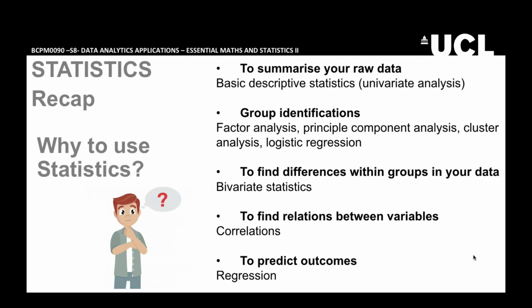Also, we can use statistics for group identification through factor analysis, principal component analysis, cluster analysis, or logistic regression. These statistical tools will be covered in future sessions, but we can also use statistics to find differences within groups in our data by using bivariate statistics, and to find relations between data by using correlations and predict outcomes.